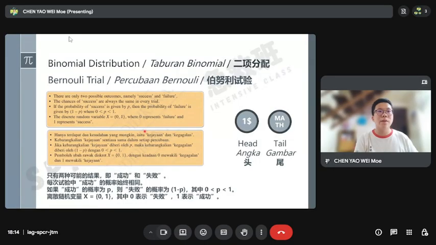The chances of success are always the same in every trial. If the probability of success is given by p, then the probability of failure is given by 1 minus p. And the discrete random variable x is 0 or 1, where 0 is failure and 1 is success.